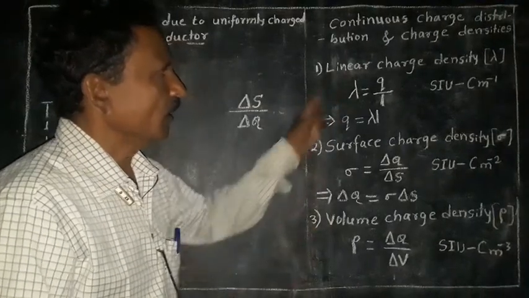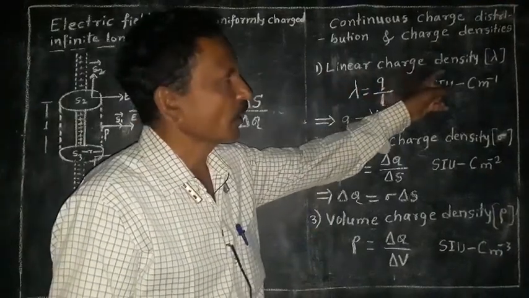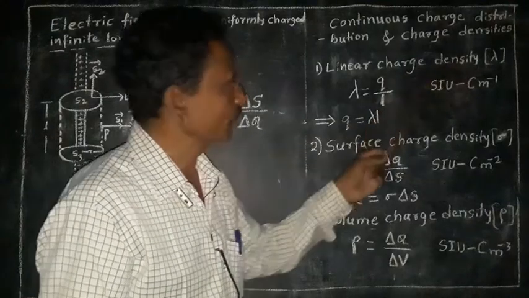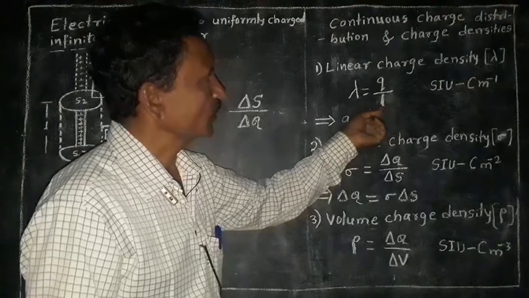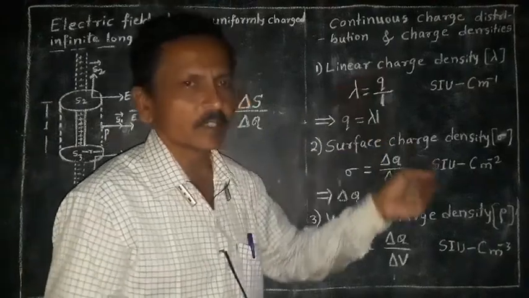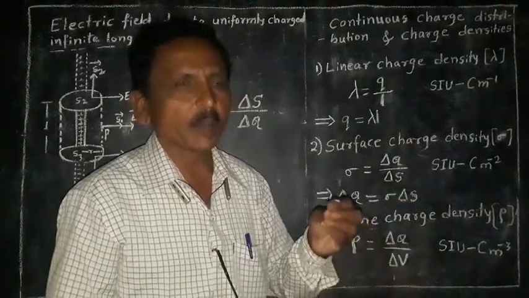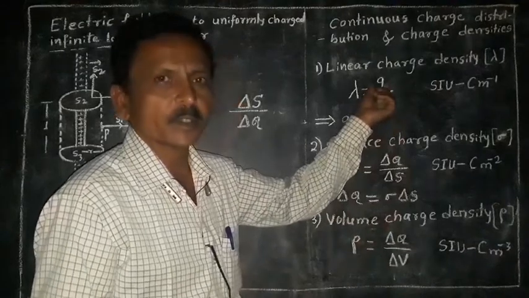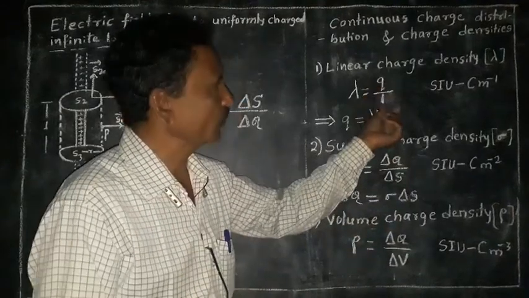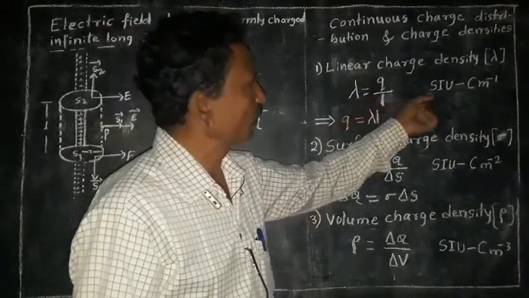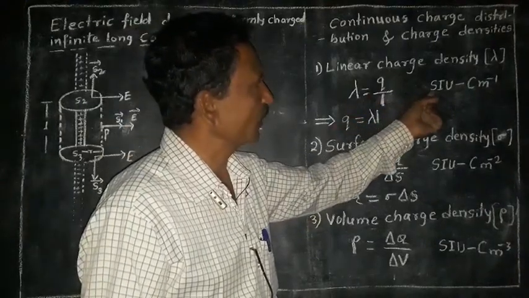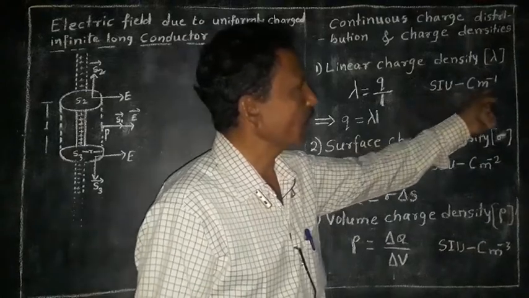They are linear charge density, denoted by lambda, and lambda equal to Q upon L. Thus, linear charge density is the amount of charge per unit length of the conductor. The SI unit of linear charge density is coulomb per meter.